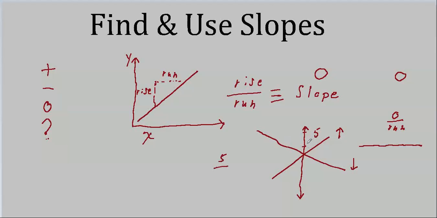It's just nothing. So it's 5 over 0. Oh, wait a minute. If you saw the end of the last video, you know what happens when we divide by 0. The universe explodes. We don't want that. So this vertical line here, we call it undefined. It just doesn't have a slope. We can't talk about it.